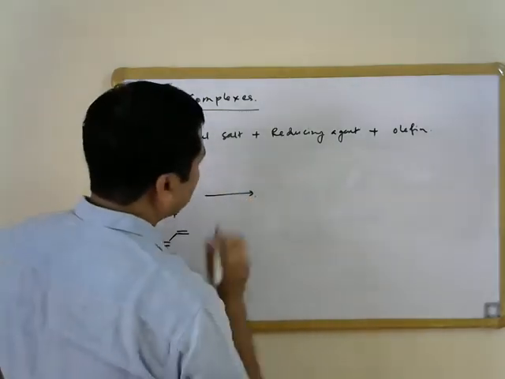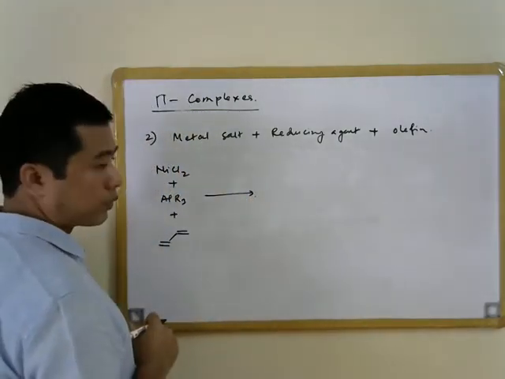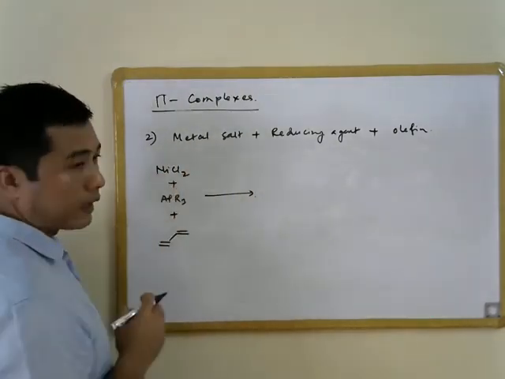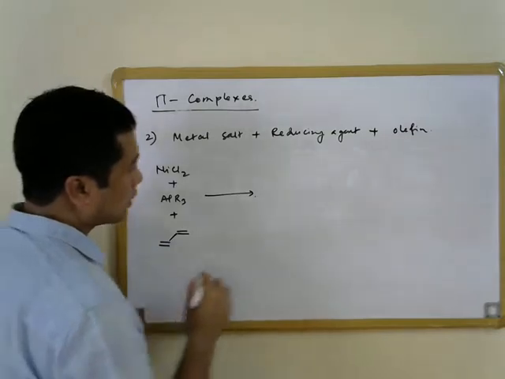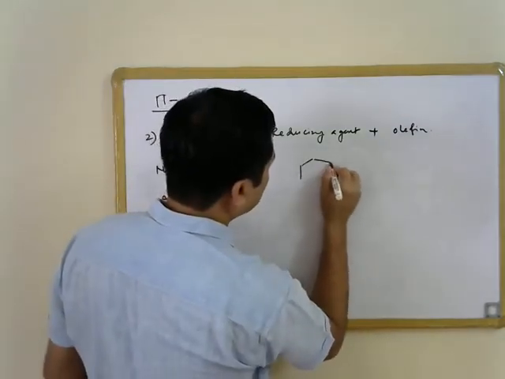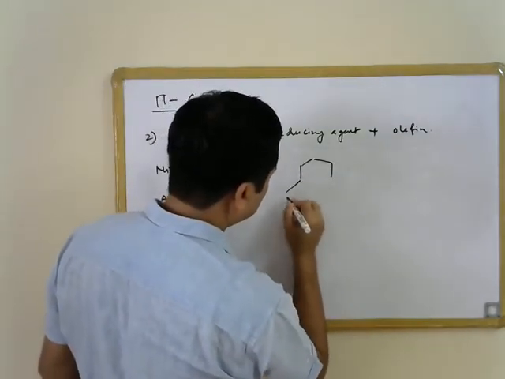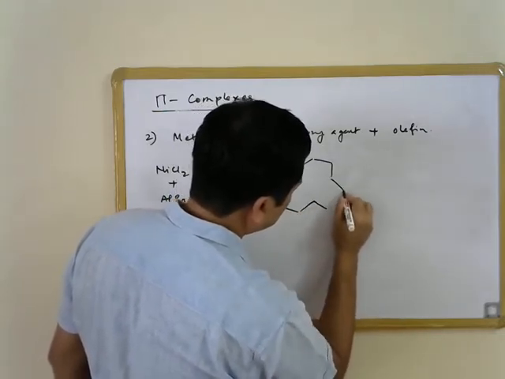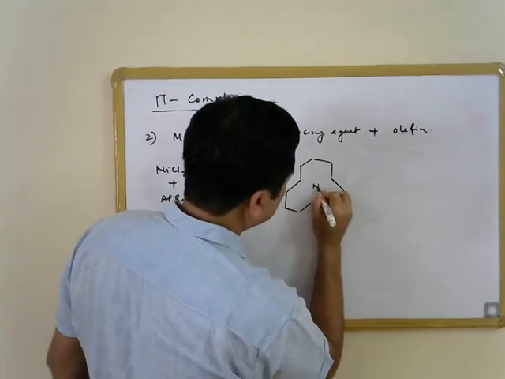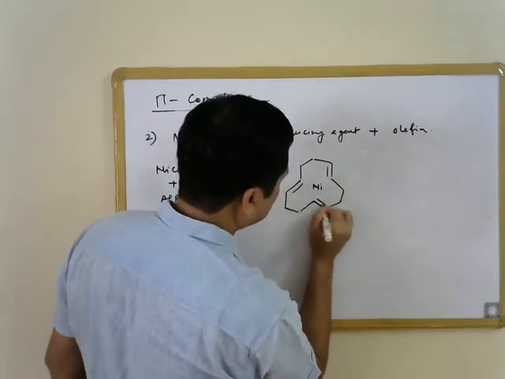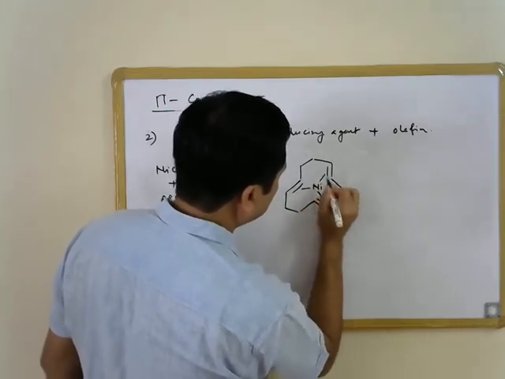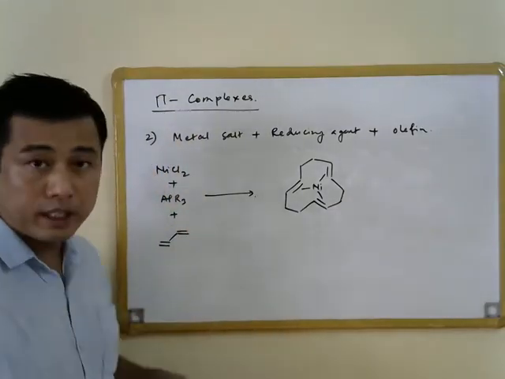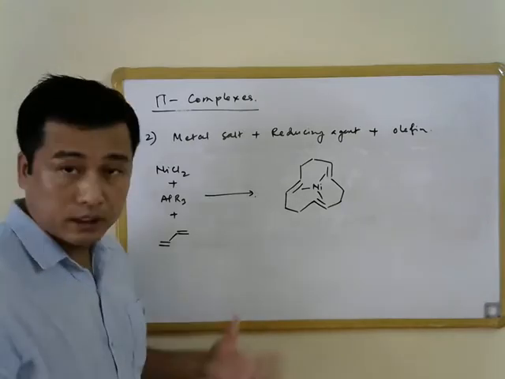Cyclization of butadiene is going to take place, and nickel is going to get reduced from the +2 to the 0 oxidation state, producing a very interesting complex of this sort, where nickel is in the 0 oxidation state and butadiene undergoes a coupling reaction in this way.